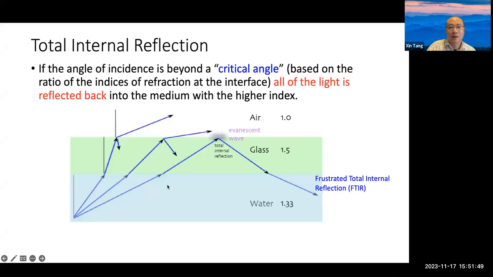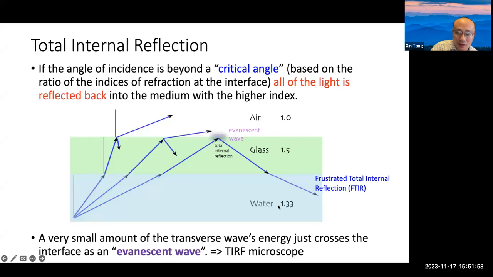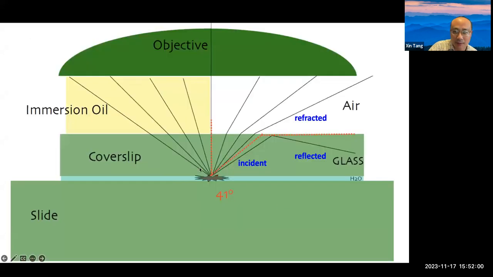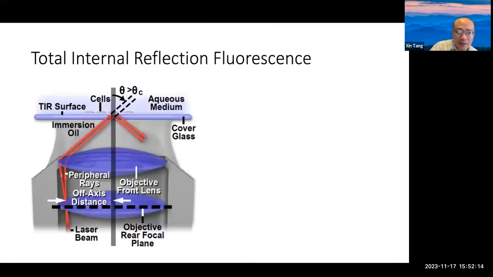Now, in a real imaging experiment, you actually let the light go from the glass into the water, as shown here. We have the sample, the cells, in the petri dish.